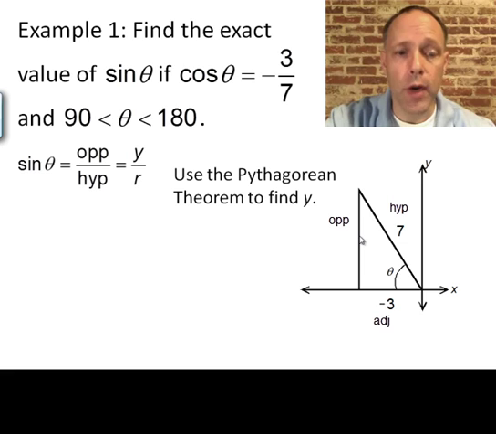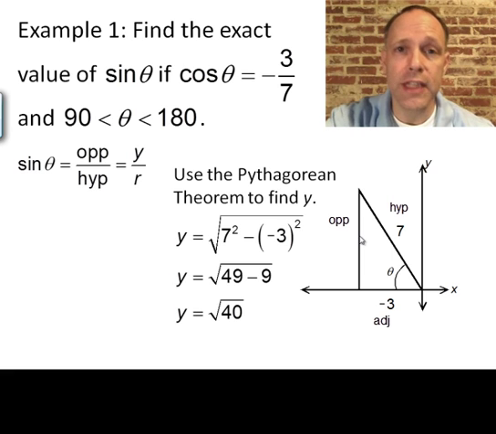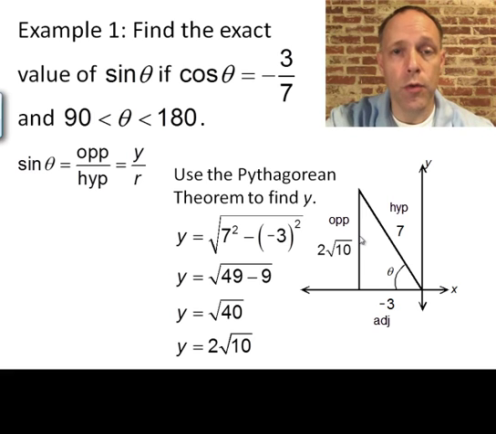So y is the square root of 7 squared minus -3 squared. Go through the arithmetic. We get the square root of 49 minus 9, which is the square root of 40. The square root of 40 will simplify as 2 times the square root of 10. So now I know that this opposite side that I need for sine is 2 times the square root of 10.